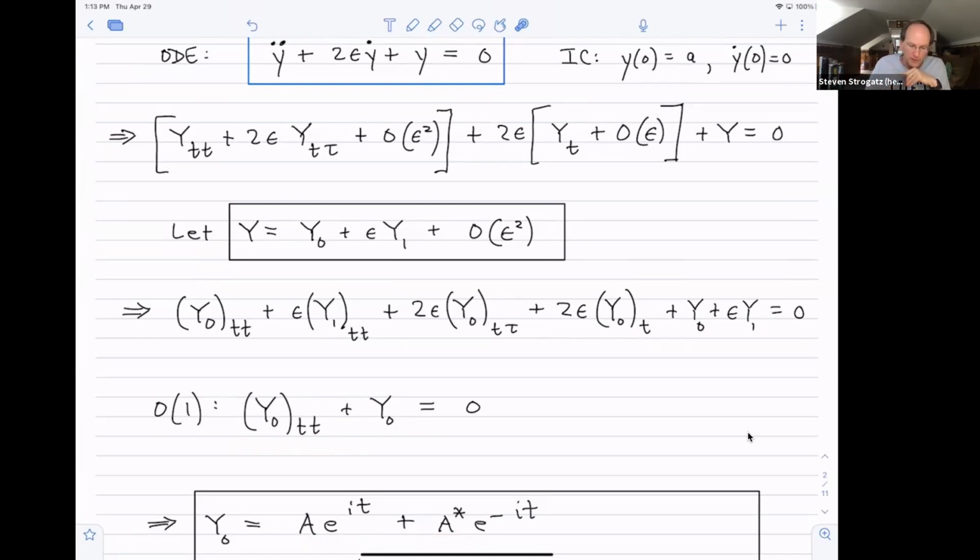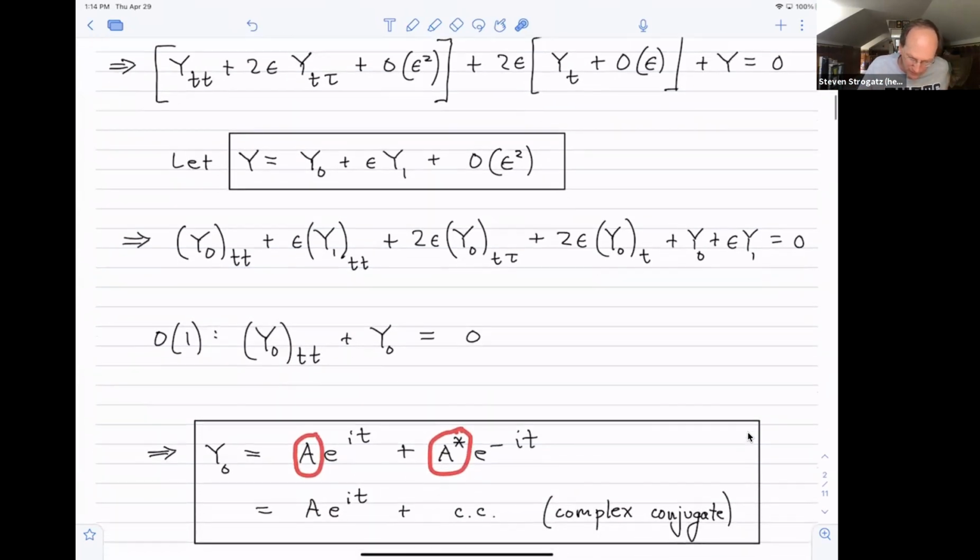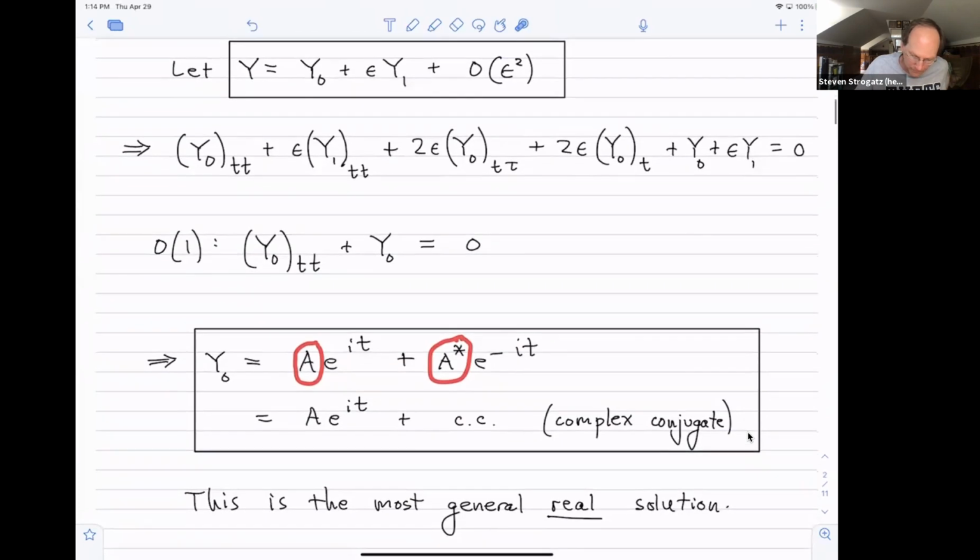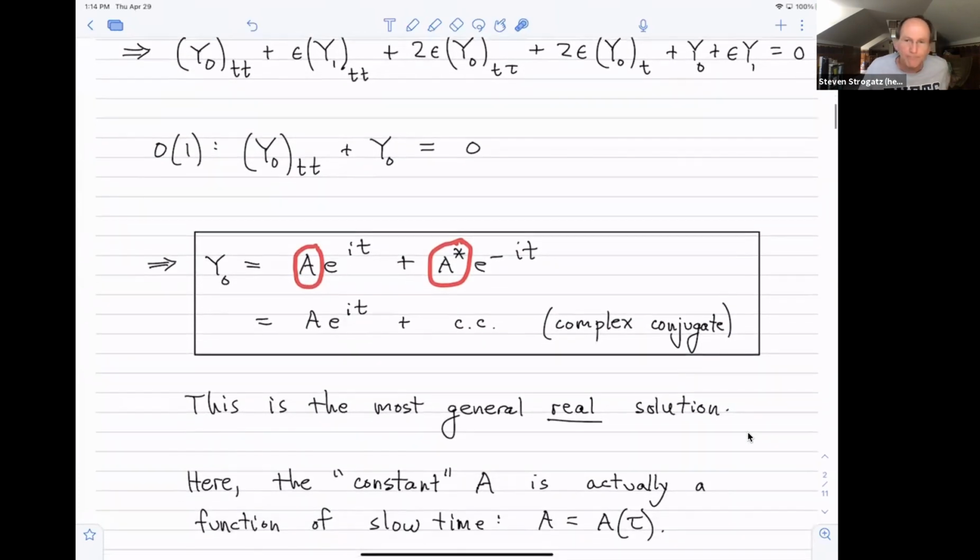But here, because these derivatives are to be understood as partial derivatives with respect to t, and I still have that independent variable tau floating around, you should really think of the A's, the A and the A star, as being functions of tau. They're functions of the slow variable tau, right? Because they would be treated as constants with respect to this partial derivative with respect to t under our assumption that tau and t should be regarded as independent.